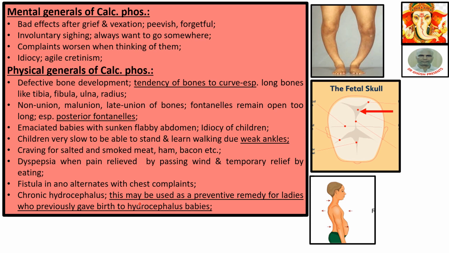So you can give this medicine, Calcarea Phos, during the pregnancy stage of the lady to prevent the baby being delivered as hydrocephalus. This is a Calcarea Phos baby, sunken flabby abdomen, but otherwise weakly and thin neck.